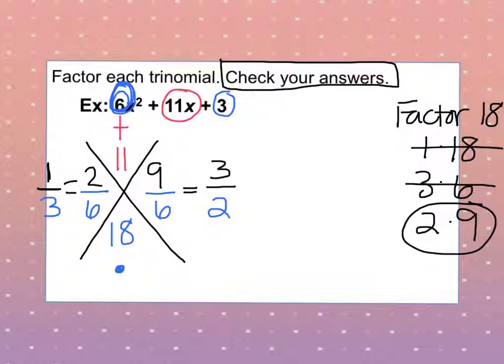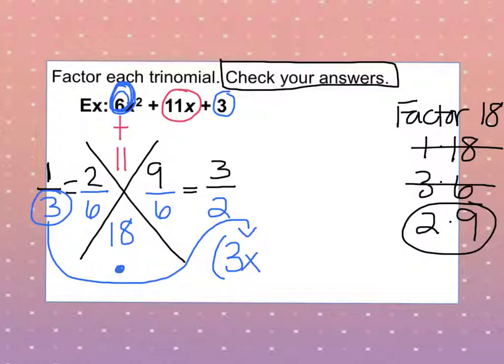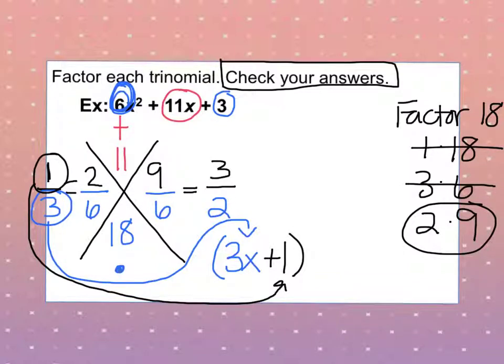I'm going to write them in my skeleton, and this is where the color coding comes in handy. Your denominator will always go first. So I have 3x, and then your numerator goes second, and since it's positive, I put plus 1. That's my first factored binomial.